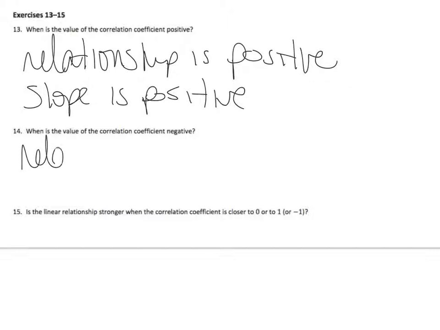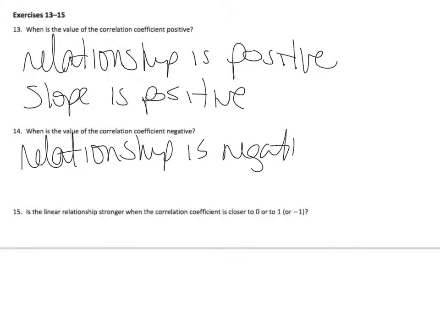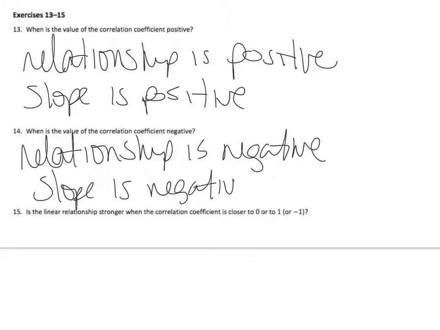When the relationship is negative. When the slope is negative. Is the linear relationship stronger when the correlation coefficient is closer to 0 or closer to 1 or -1? That's the best, when it's closer to 1 or -1.